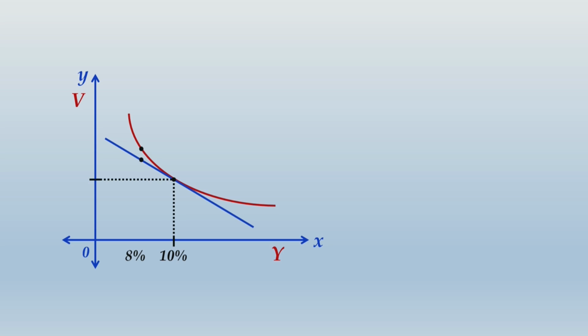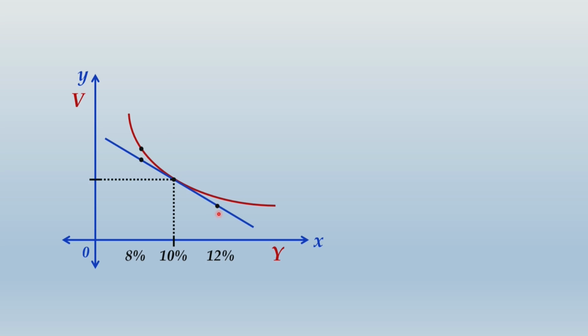Once again, if we go to the higher side in terms of yield rate, and if the yield rate rises from 10% to 12%, what would happen? The value of the bond will fall. Look at the fall in the bond value.